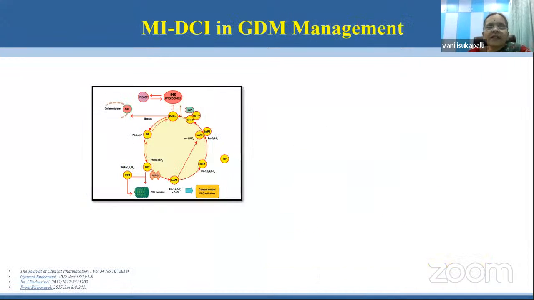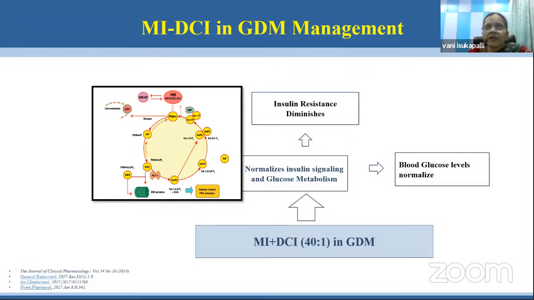So this is one study which has proved that. And the second study has proved that myoinositol and dichiroinositol in the ratio of 40:1, that is the physiological ratio, diminishes the insulin resistance and normalizes the blood glucose level. So this is another study.